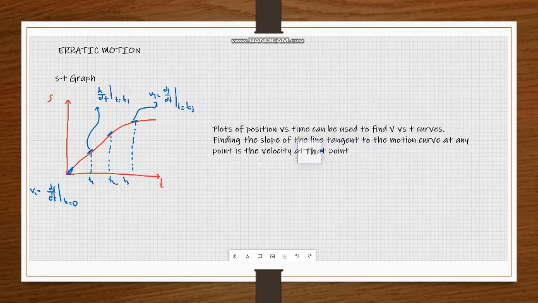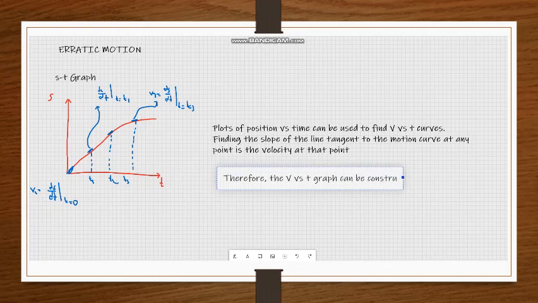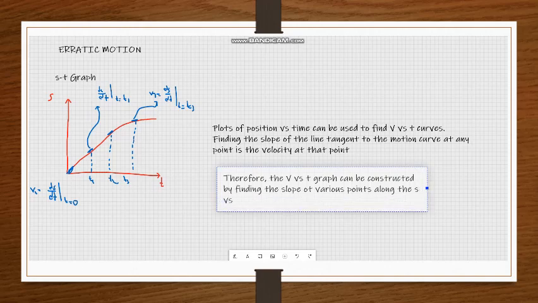Let me write it. Therefore, the velocity versus time graph can be constructed by finding the slope at various points along the position versus time graph.